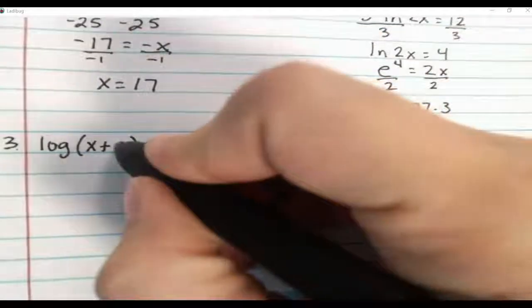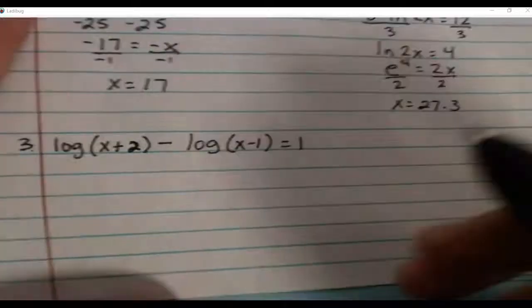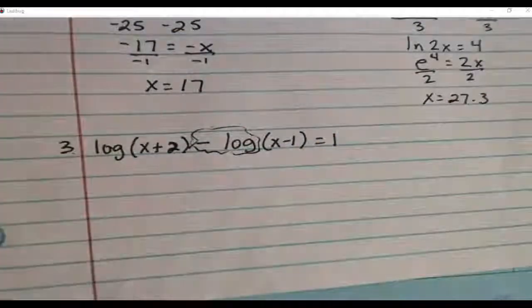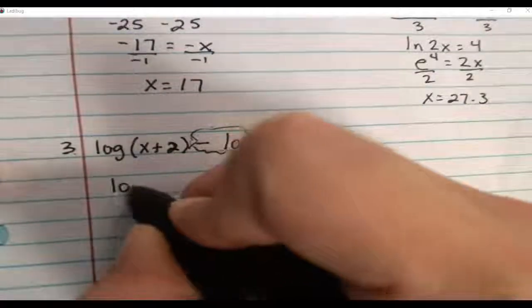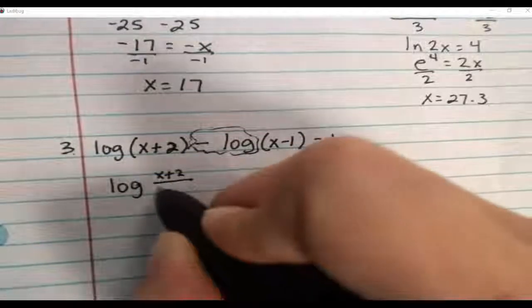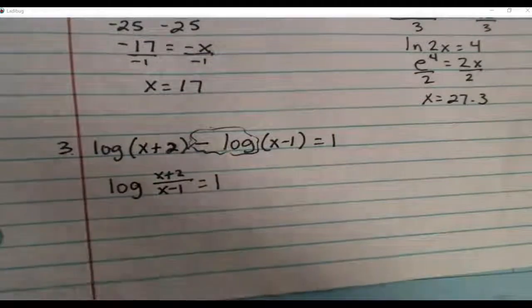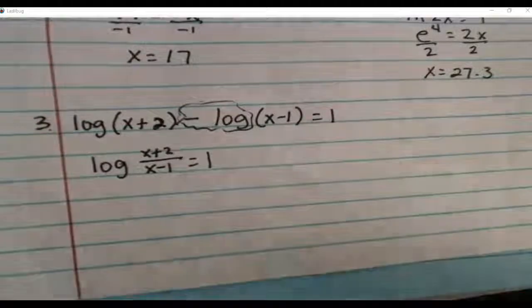So the first thing we have to do is write these two logs as 1. So what does subtraction become? Division. So all of this minus log becomes divided by. So that looks like log of x plus 2 divided by x minus 1 equals 1. Okay, so that whole minus log becomes division.